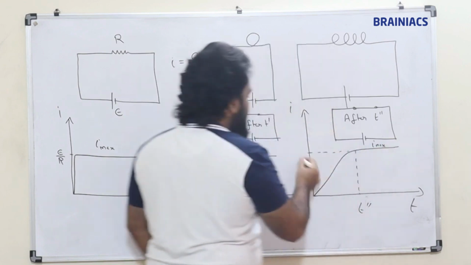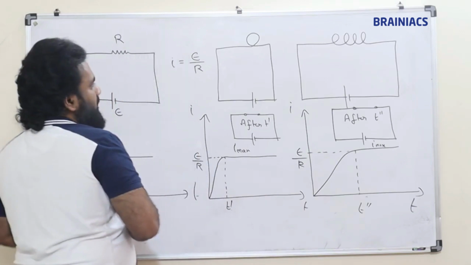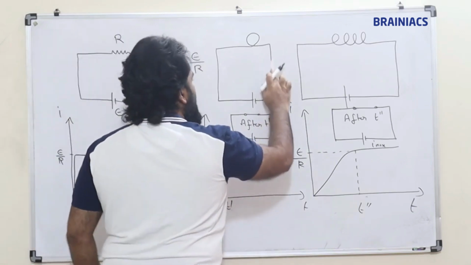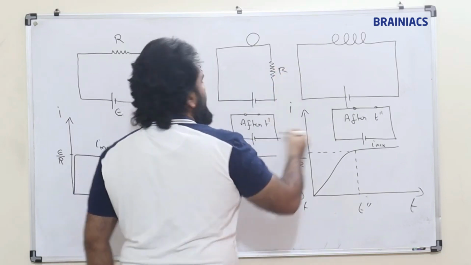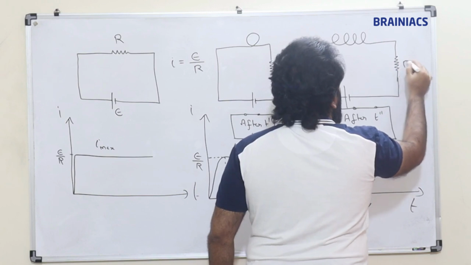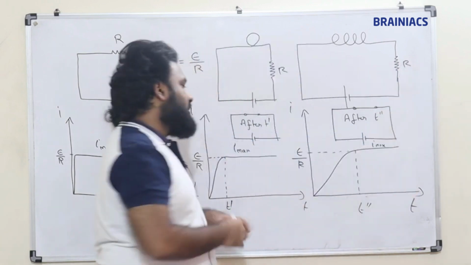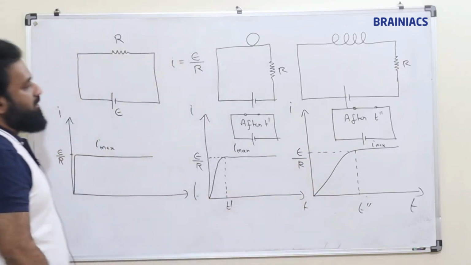Now this reaches E by R, and this is also E by R. Suppose we put a resistance R here. So we can say that the maximum current is E by R. Clear? Please note it down.